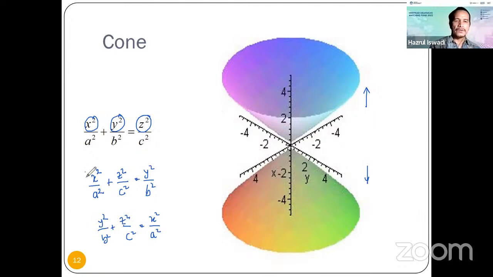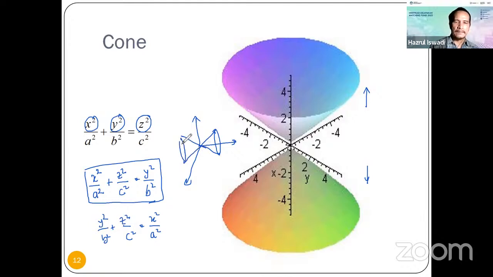To draw this kind of cone equation, we can see that y is the axis. This is the cone from this equation.